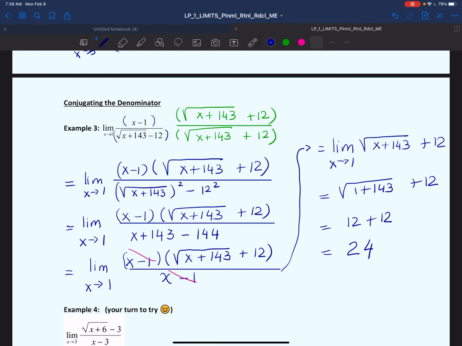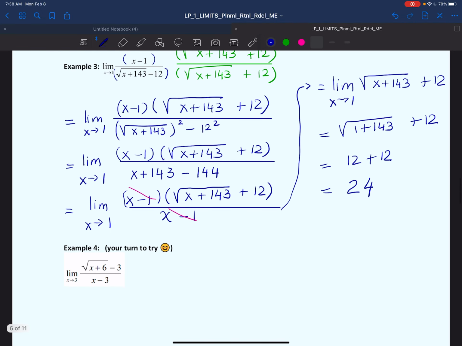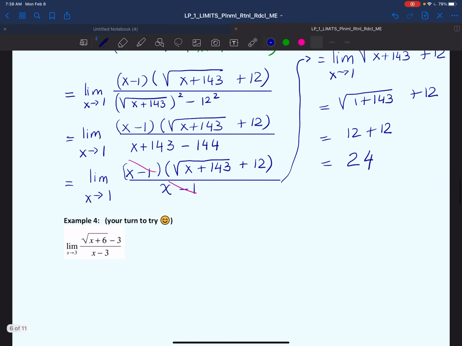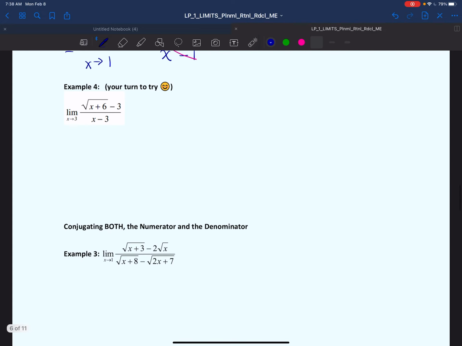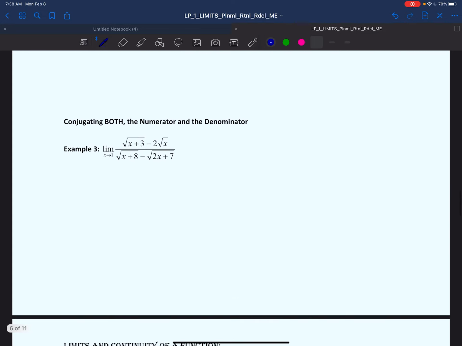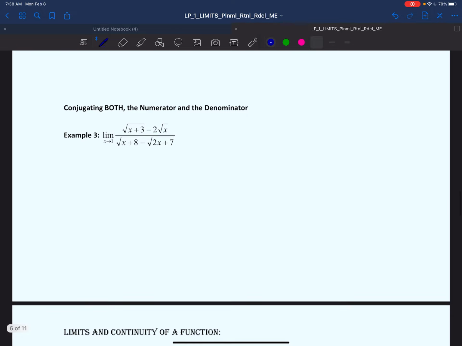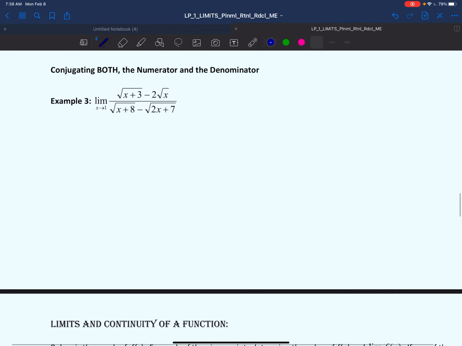Here we go. So in the next example, we have the conjugation of the numerator. You can try this out. I'm going to skip ahead, and I'm going to move on to the last example for today. So in this example, as you can see, we have a rational expression, and this rational expression involves radicals in both numerator and denominator.